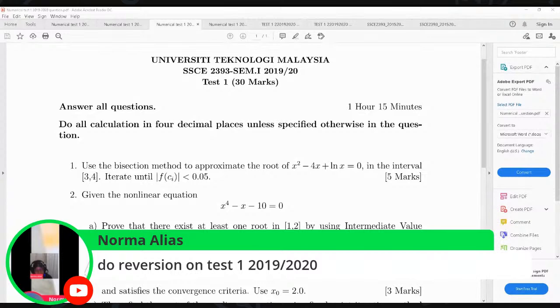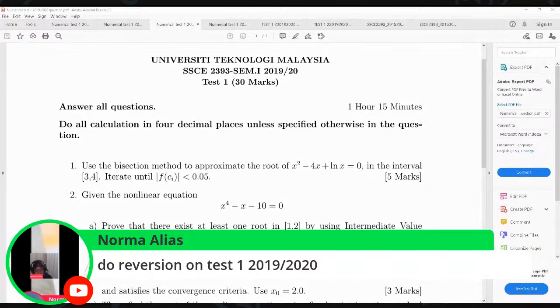Go to the textbook, okay, bisection method. In page 4, okay, go to page 4, right? So what you get here, okay, page 4, the formulation of the bisection method, the condition to change the interval using bisection method, using the three conditions, right?